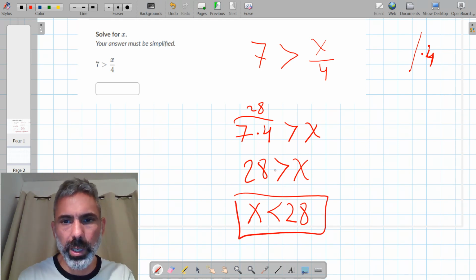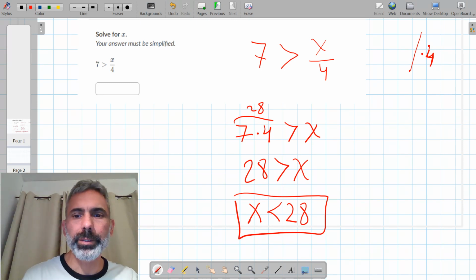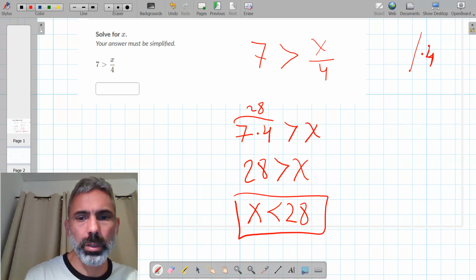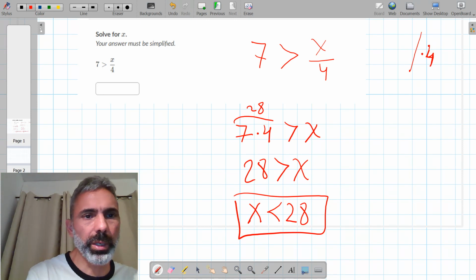Okay, if 28 is greater than x, so x is less than 28. Let's take, for instance, 24. Okay, we plug in 24 instead of x. 24 is less than 28.